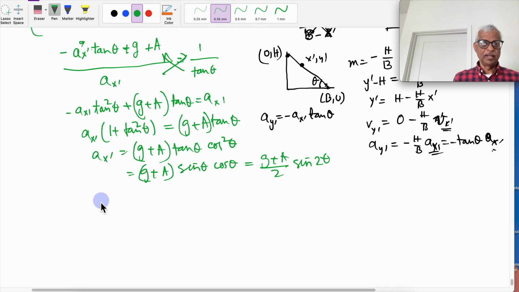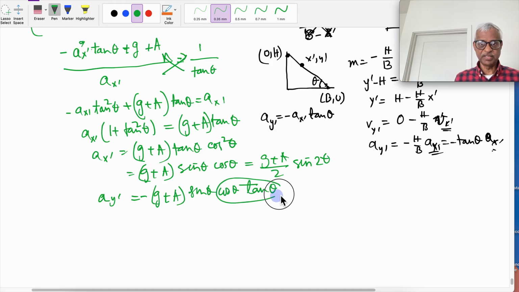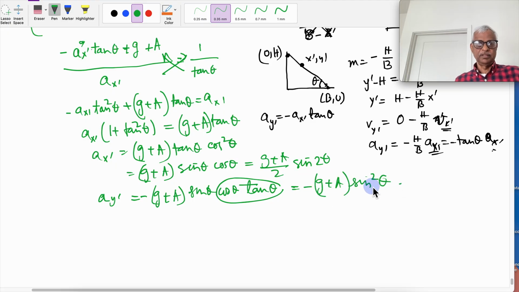And similarly, a y prime can be just minus tangent theta times that. g plus a sine theta cosine theta times tangent theta. Tangent will become sine, and this is minus g plus a sine squared theta.